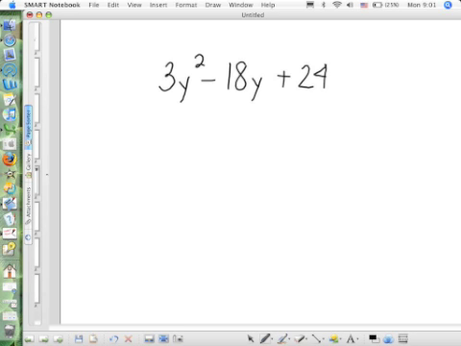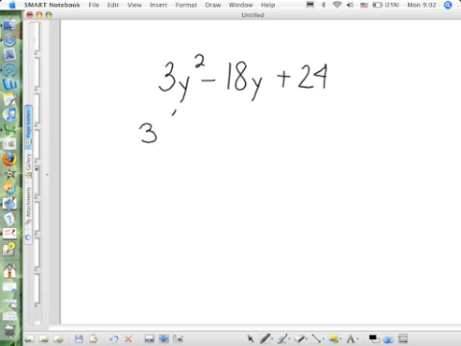John Bostic, what should we look for first? Common factor. A greatest common factor. Is there one? No. He says no. Yeah, 3. 3 goes into 3, 18, and 24. Okay?